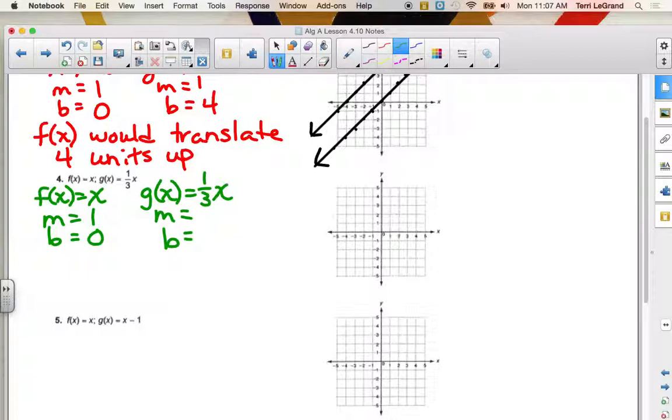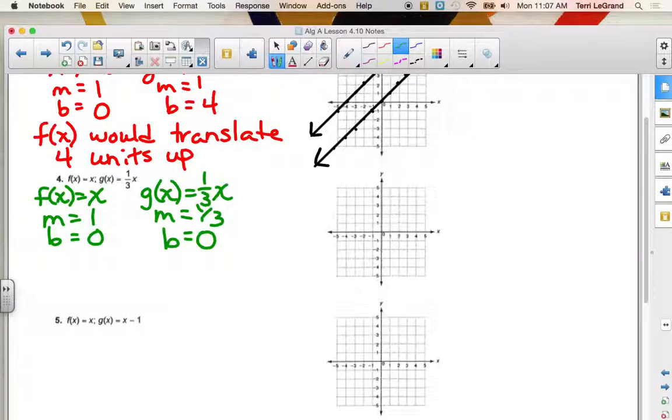What's the slope of that one? 1/3. 1/3, okay. And the y-intercept? 0. What changed this time? The slope. The slope changed. Did the y-intercept change? No.